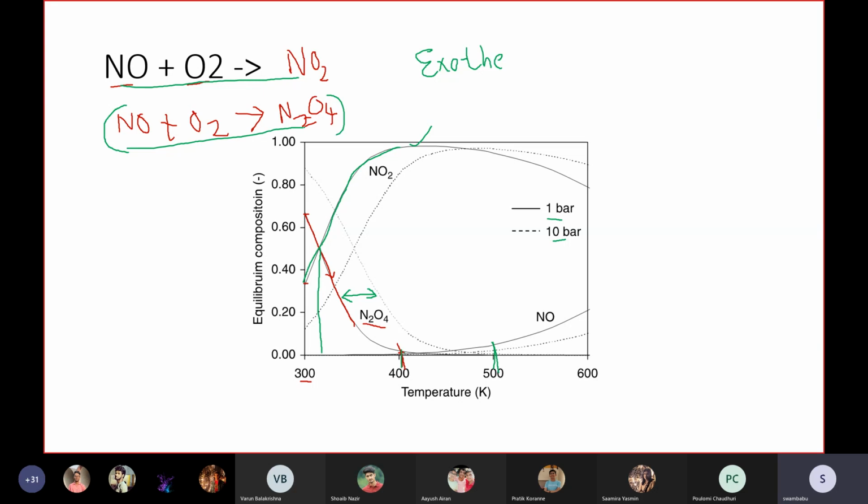Now, one important concept I am highlighting in these last four classes is that whenever you design a reactor, or a reaction system, at what temperatures and pressures we need to operate depends totally on the thermodynamic equilibrium and kinetics.